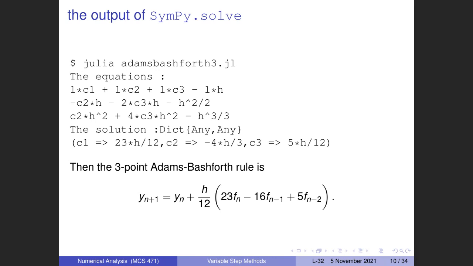And SymPy can solve this symbolically. So we arrive at then a 3 points Adams-Bashforth rule, having SymPy solve the equations and then copying the values for the three coefficients in this rule.